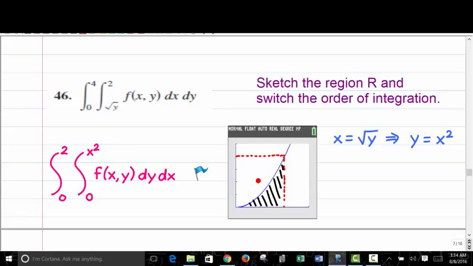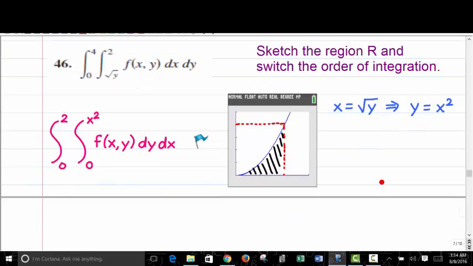If I shaded that other region, 0 to 4 would be the same outer limits right there. It's 0 to 4 both ways, but it's inside here. So the left function is square root of y. The right function is 2. So square root of y to 2, that's how I know it's that bottom region.